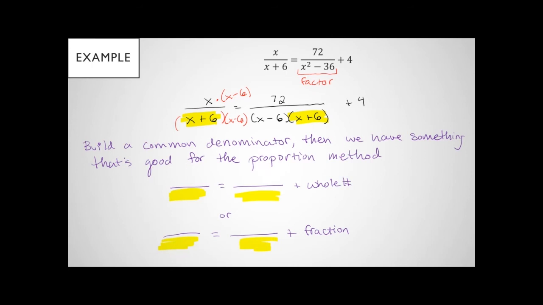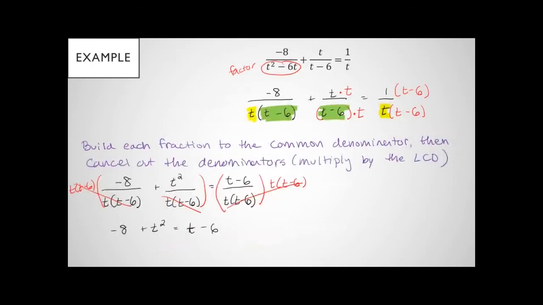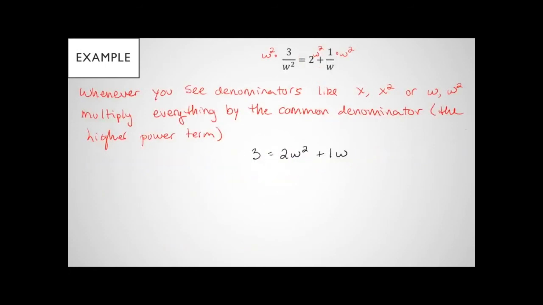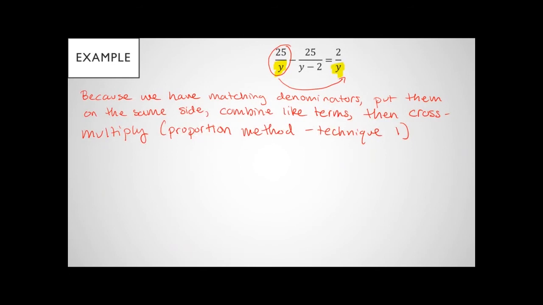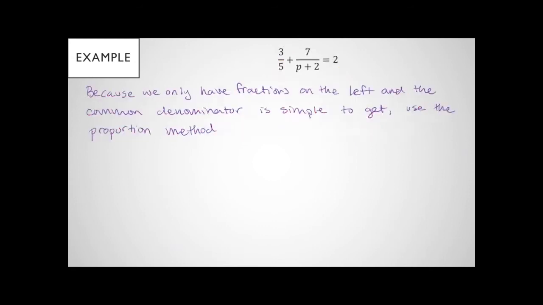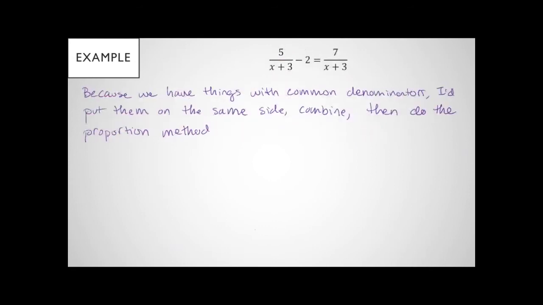So this is very similar to, if I go back enough slides, this one right here, we have the things they match, and then it was another fraction involved, so that's good for the proportion method. This one, same thing, and the ordering is slightly different, but the fractions have the same denominator, and then there's a whole number, but that's good for the proportion method.